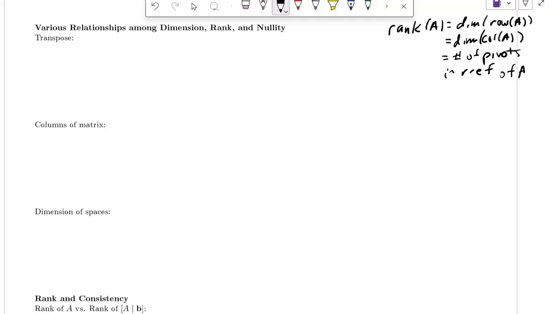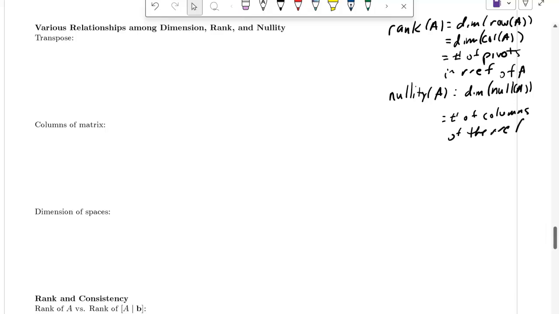And then the nullity is the dimension of your null space, which again is the number of columns of A that don't have a pivot, or the number of columns of the reduced row echelon form of A that don't have a pivot. The number of free variables. All right.